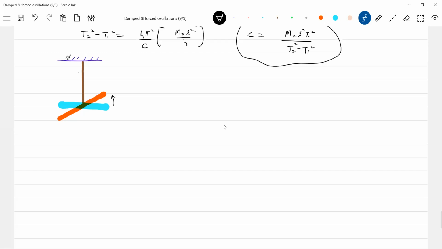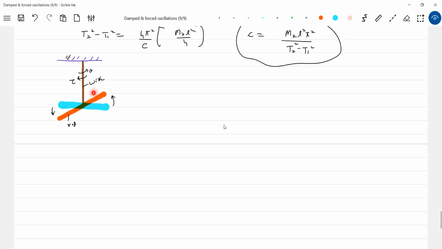Here we have given angular displacement theta. The restoring torque in the wire is set up like this. Okay, agree with this.